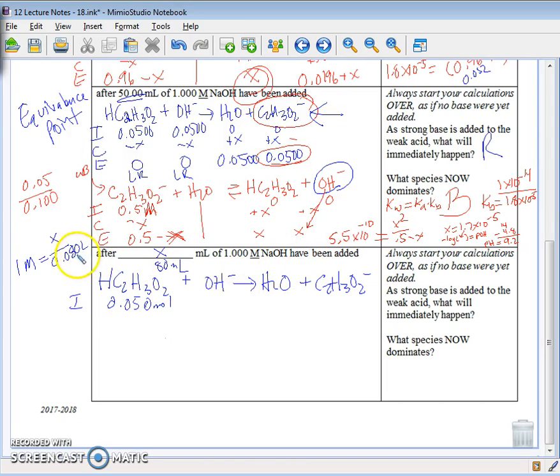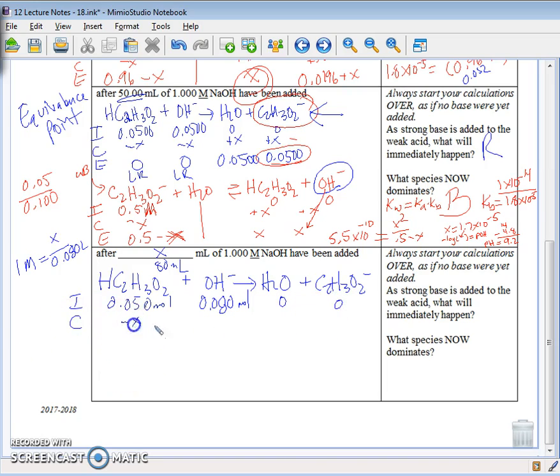You have 60 milliliters, so times 1 molar. Jacob is going to have 0.080 moles. Aditya has 0.09. Joe has 0.07, and so on. How much water do we start with? Again, if we start at the beginning, 0. And how much acetate has been produced before we start? 0. We're going back to the beginning, always.